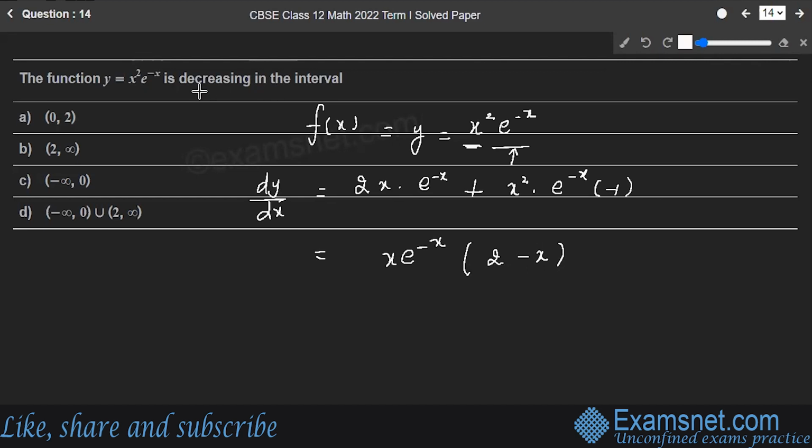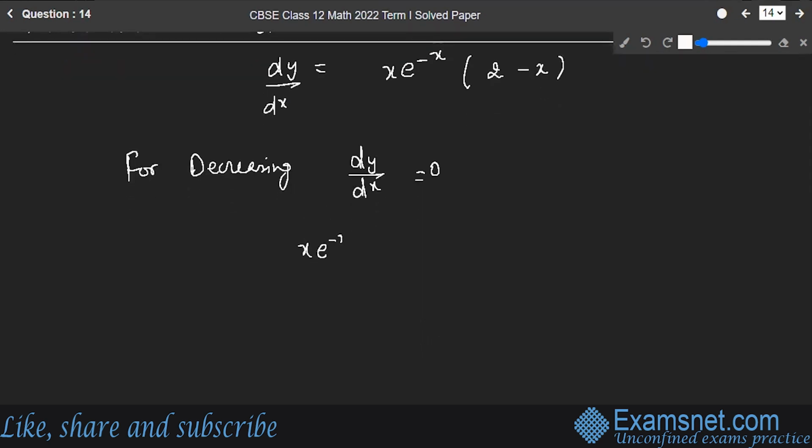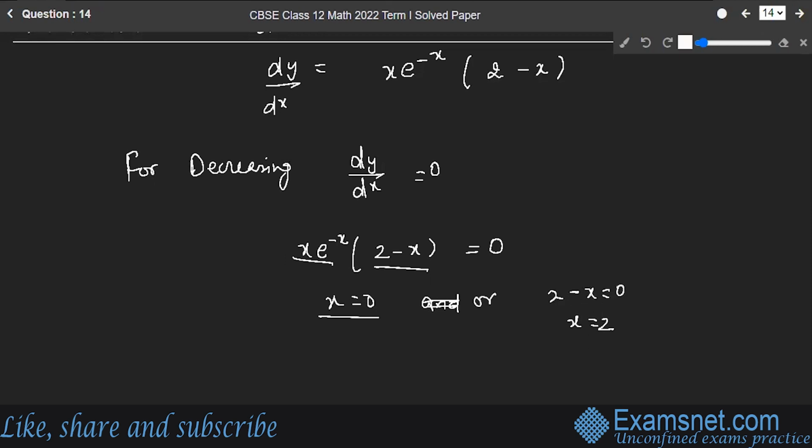Now the function is said to be decreasing or increasing when the derivative is not 0; the critical points come from the first derivative being 0. If this is equal to 0, this means x into e raised to power minus x, into 2 minus x, is equal to 0, which simply means that either x is equal to 0 or 2 minus x is equal to 0, which gives you x is equal to 2.